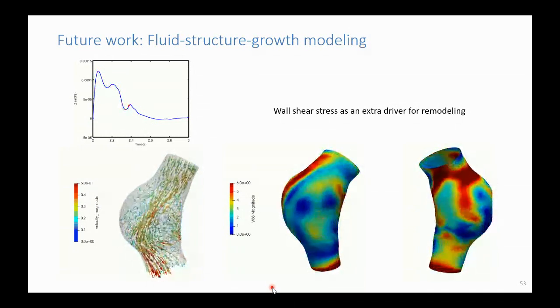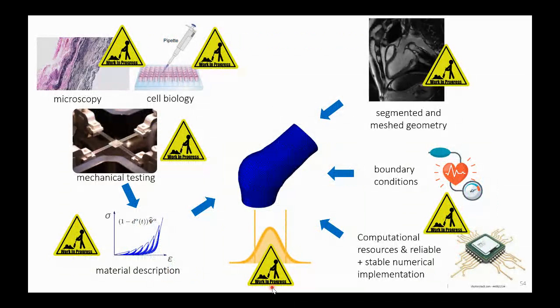So that's one big step for improvement, but basically all of the aspects that I already mentioned have a lot of room for improvement still, with one very important one: everything is currently still deterministic, whereas of course there is a lot of uncertainty on all the parameters that go into this kind of model.